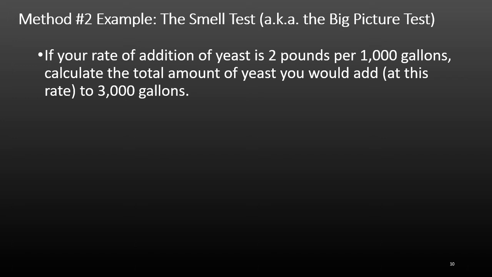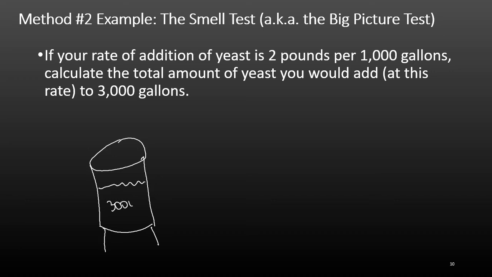Okay, if we're doing this example, your rate of addition of yeast is 2 pounds per 1,000 gallons. That's the typical rate of addition of yeast in a winery. Calculate the total amount of yeast you would add at this rate to 3,000 gallons. Okay, so that's pretty easy, right? We have a tank, and in that tank is 3,000 gallons of wine, or juice in this case, because we're adding yeast.